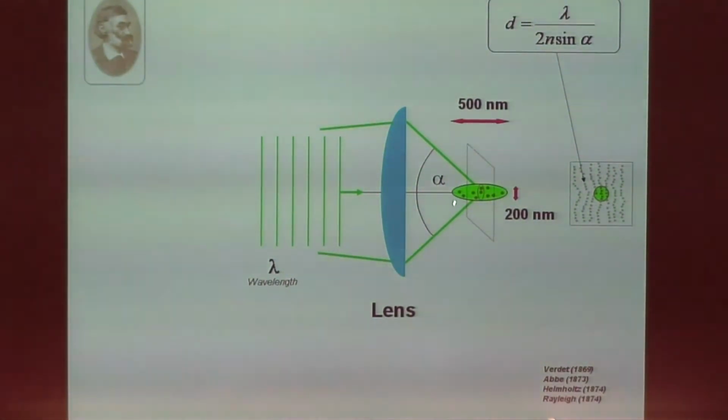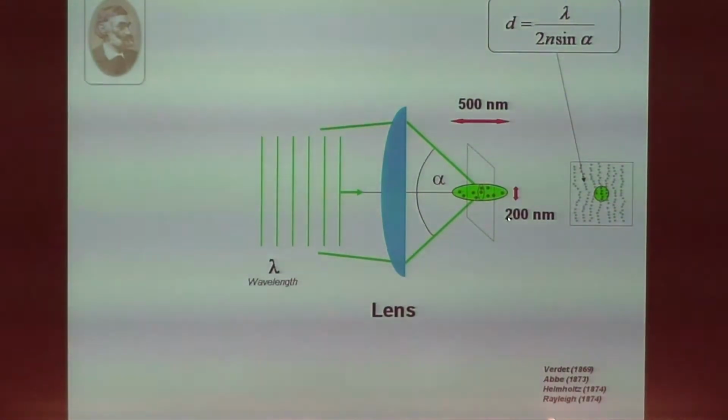And so the role of a lens, as you will appreciate, is to focus the light down to a point. And you know, of course, that light propagates as a wave, and because of this wave nature of light, it will not be possible for the lens to concentrate the light on a single geometric focal point. I'm showing this point here, this green point. It will not be possible because of this wave nature, because of diffraction.